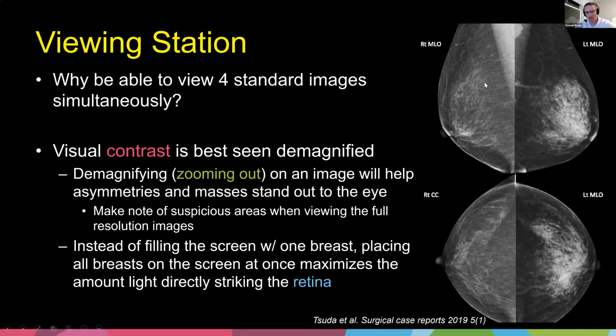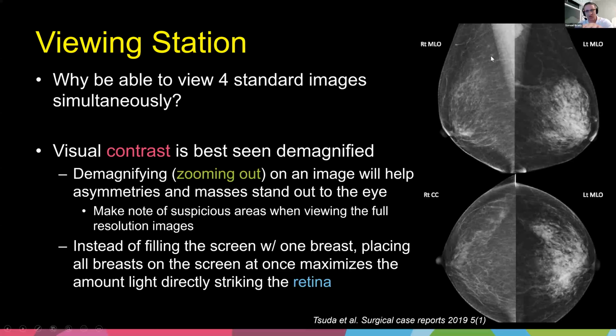It's very small by way of detail, but the subtle changes and maybe architectural distortions or asymmetry will appear more to your eye. And so then you can do that as a quick survey.